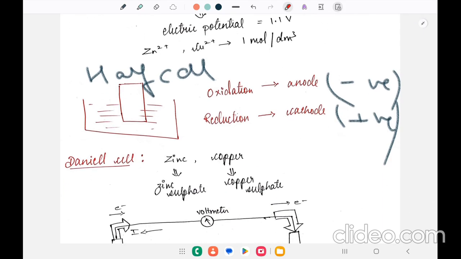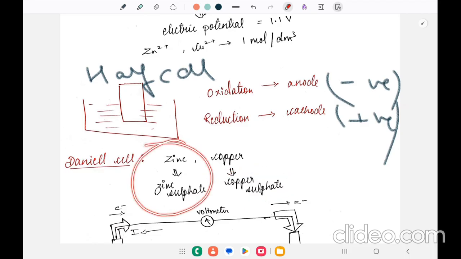So now we'll study the Daniell cell. This cell consists of two metals or electrodes, that is zinc and copper. The zinc rod is placed in the zinc sulfate solution and the copper rod is placed in the copper sulfate.